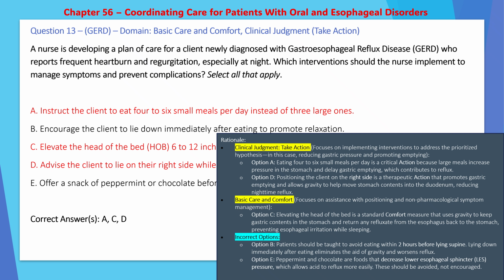So option C, elevating the head of bed, is a standard comfort measure that uses gravity to keep gastric contents in the stomach and return any refluxate from the esophagus back to the stomach, preventing esophageal irritation while sleeping. So next.